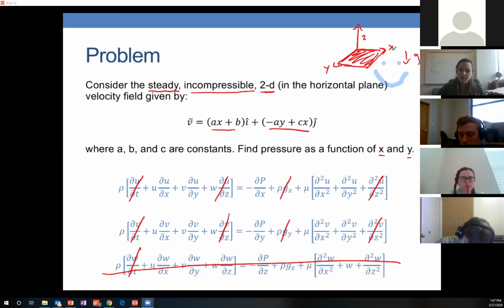Okay, so gravity acts in the vertical direction, which we have defined as z, because this is 2D in the horizontal plane, x and y. So that means we have defined this as x, this is y. There's no gravity acting in those situations.